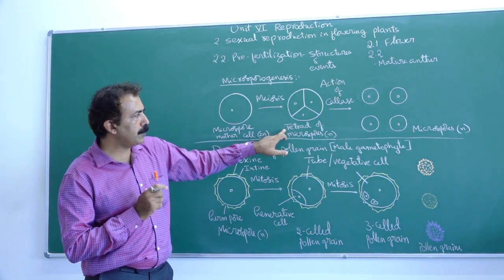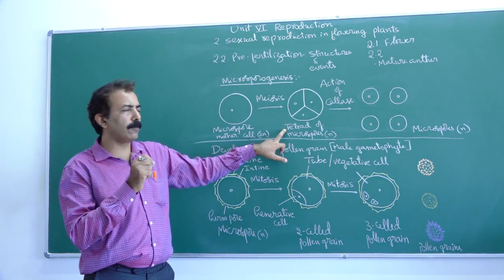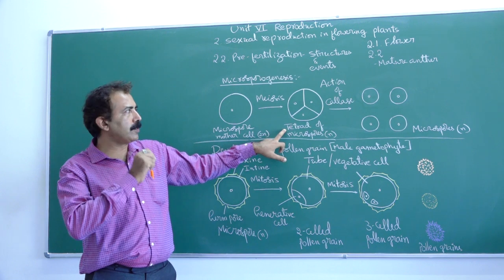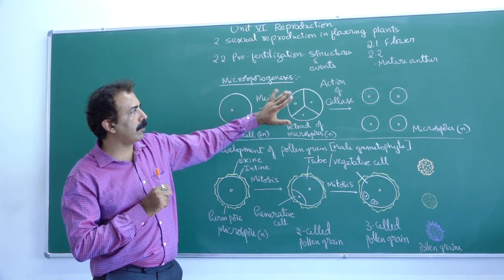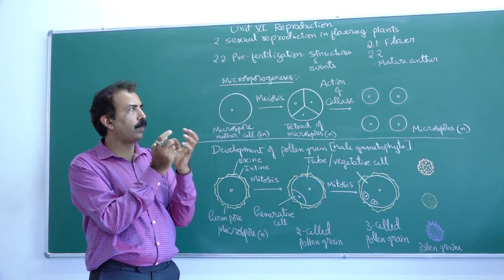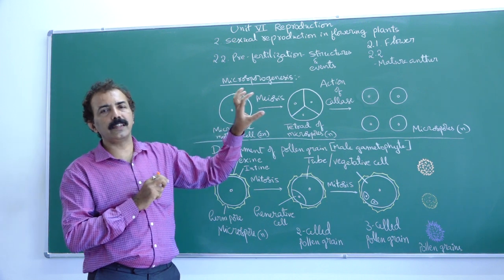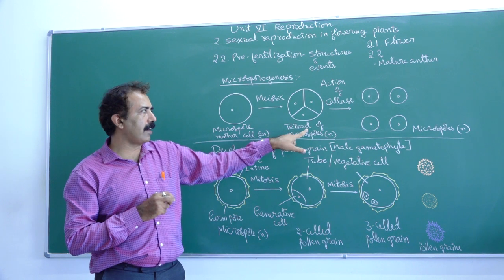So this bunch of 4 cells, we call it by the name tetrad. Tetra means 4. You are able to see 3 cells only in this diagram because the 4th cell will be behind. It's a cluster of 4 cells. In any one given view, you can see 3 cells. So there are 4 cells making a tetrad.